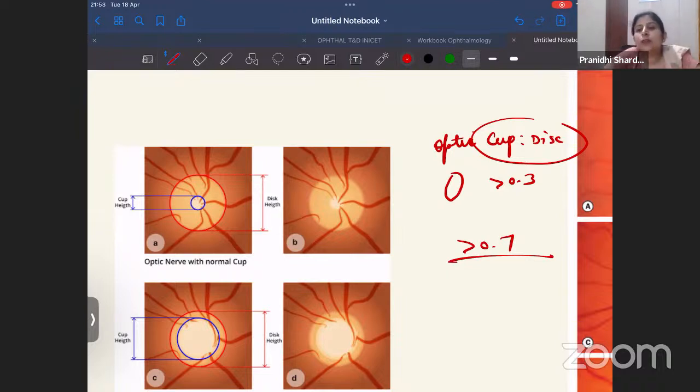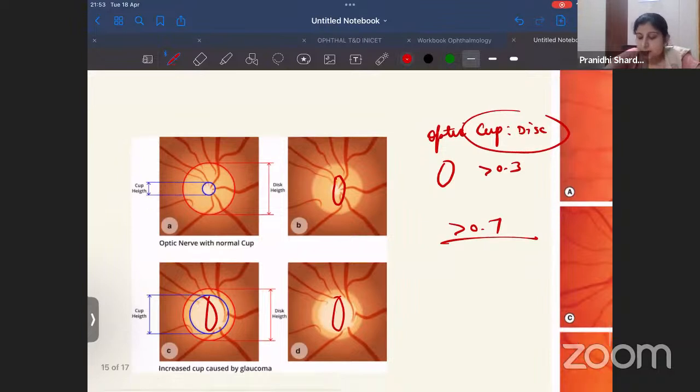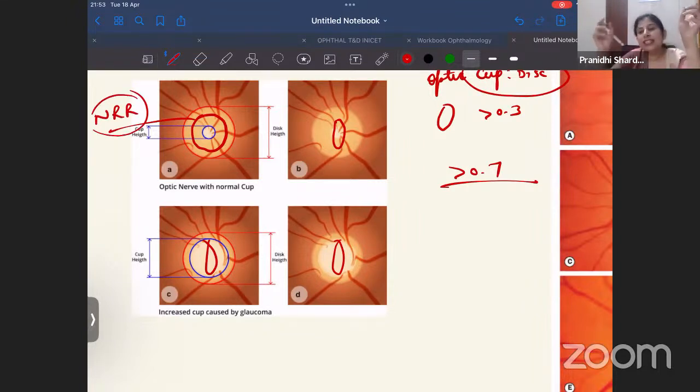Lesser than that, they are glaucoma suspects, or we need other features to diagnose them. There is vertical elongation of the cup. Since the cup is increasing in size, the healthy neural tissue, known as the neuroretinal rim, will decrease. So there is an increase in CD ratio with thinning of the neuroretinal rim. The cup is nothing but an empty space, and the white color is due to the shining of the sclera.